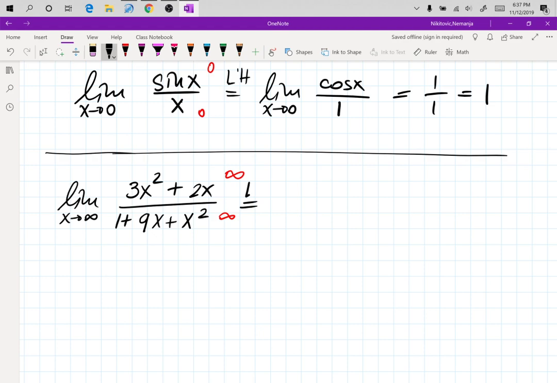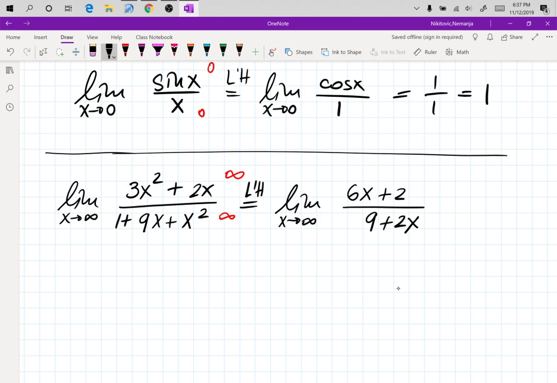So I'm going to put L apostrophe H, and now we take independent derivatives. So limit as x goes to infinity. The derivative in the numerator is 6x plus 2, and the derivative in the denominator is 9 plus 2x.